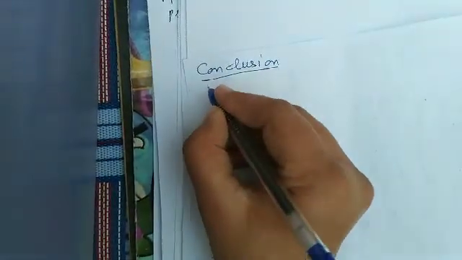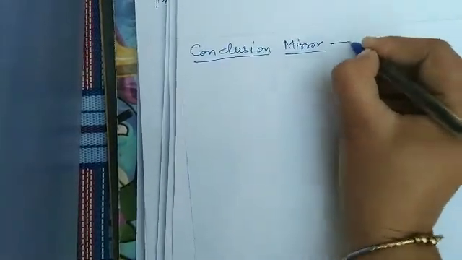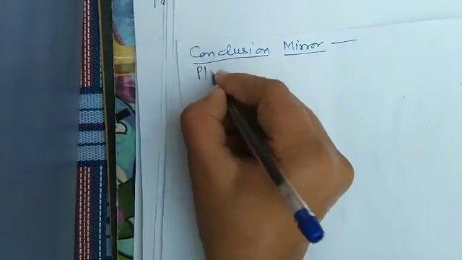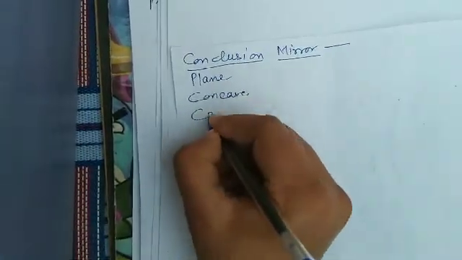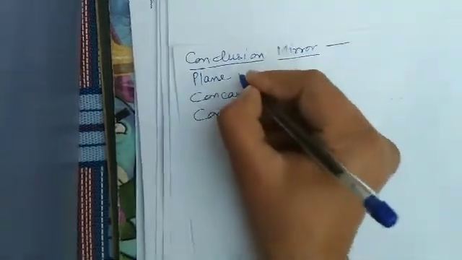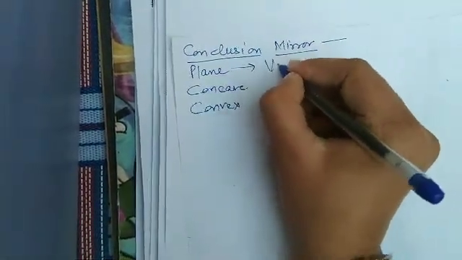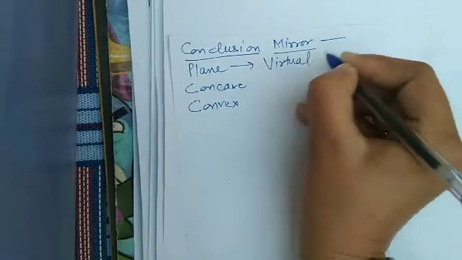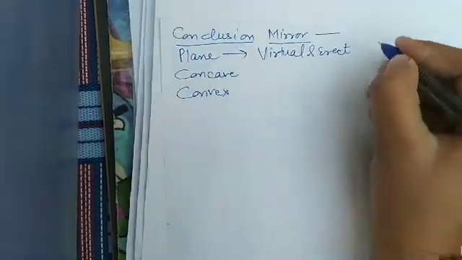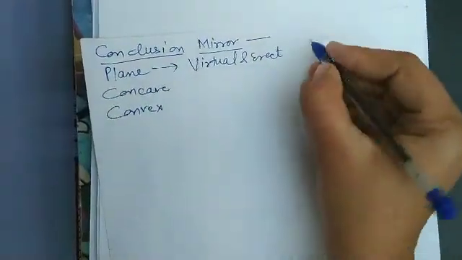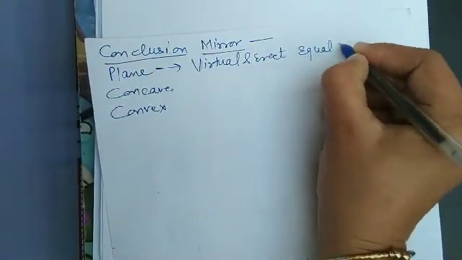If you want to discuss all types of mirror, it means I have to consider three mirrors: plane mirror, concave mirror and convex mirror. In case of plane mirror, image is virtual and erect and size is equal to the size of object.